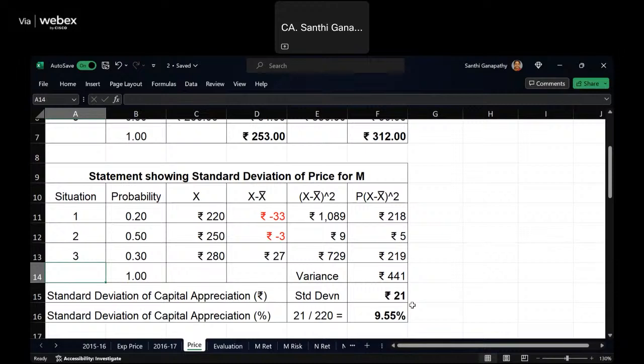This is for M. The same thing we should do for N. X minus X bar.